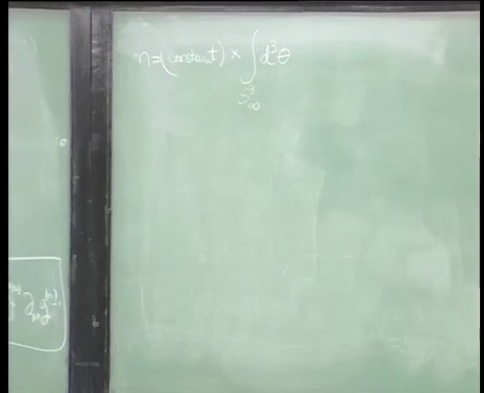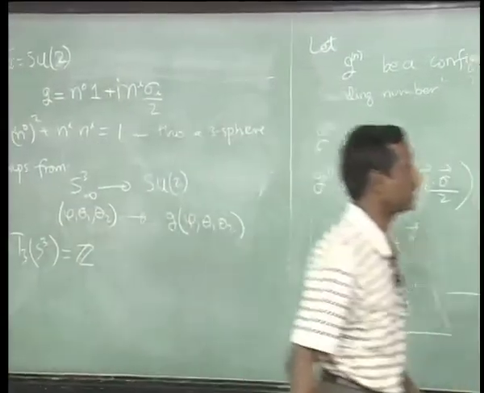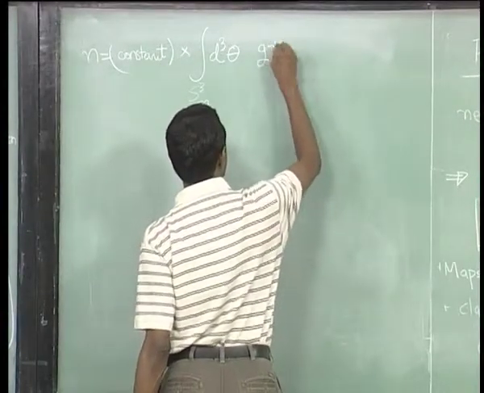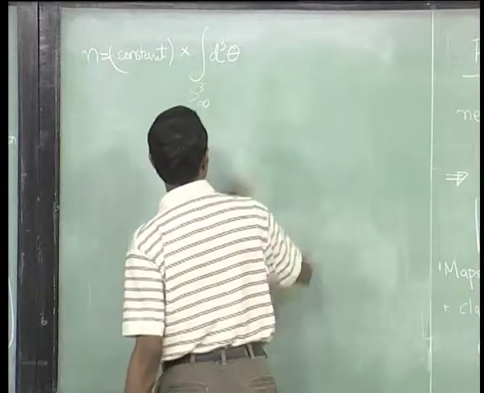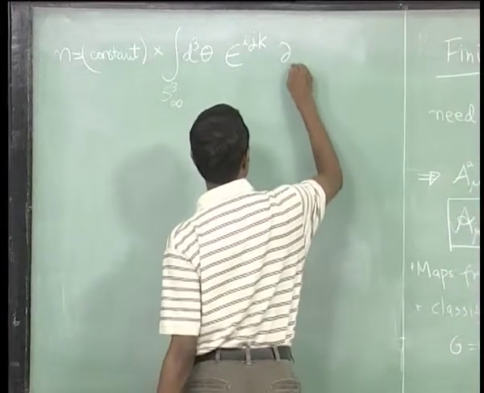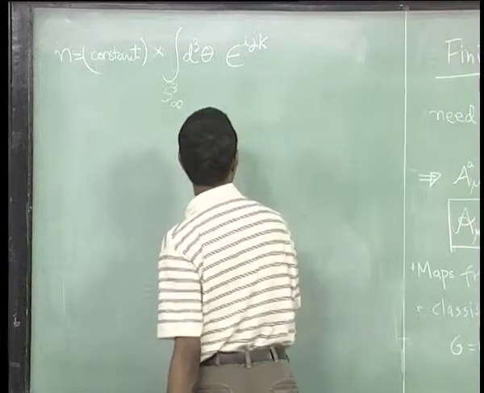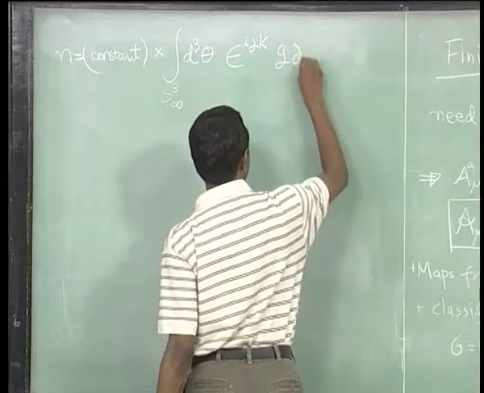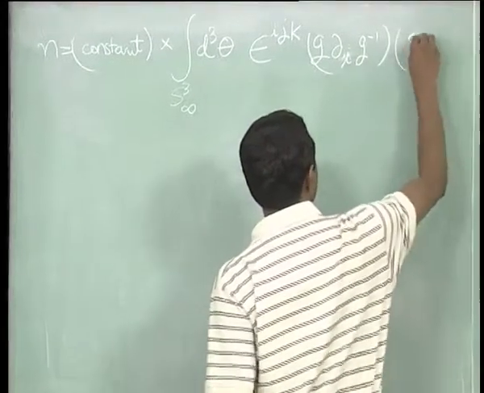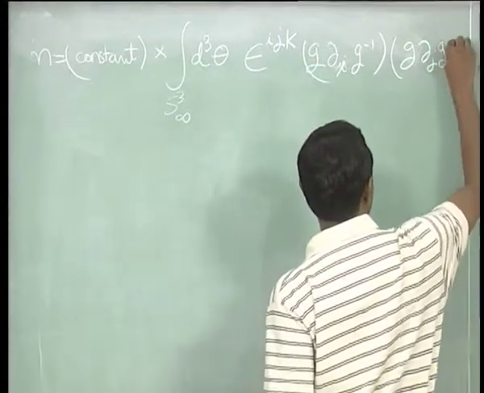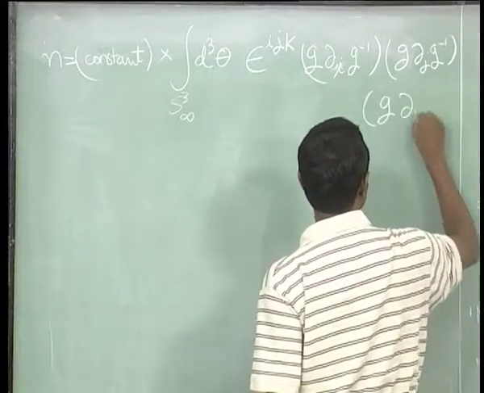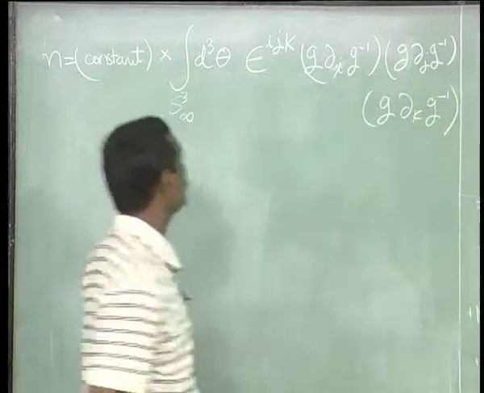This d cube theta is any set of these angles, or some natural measure in that thing, times something like this.